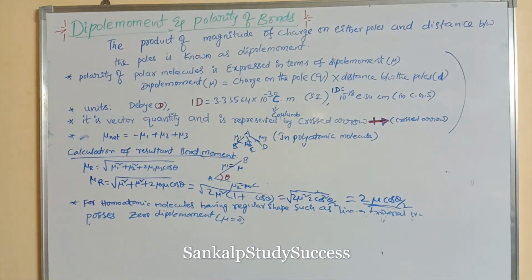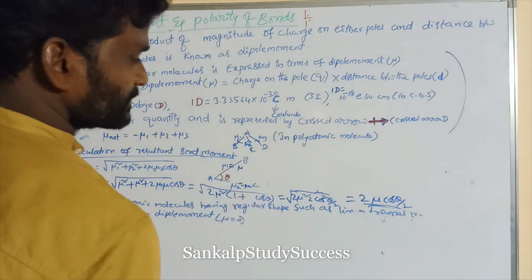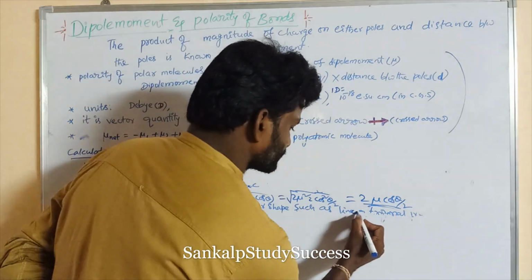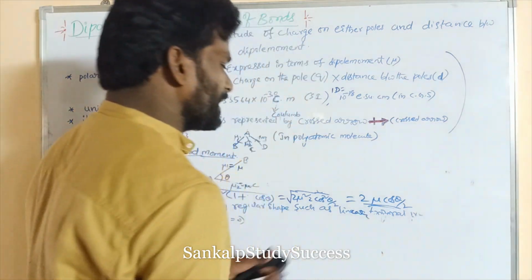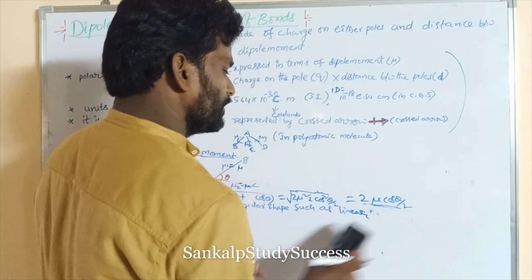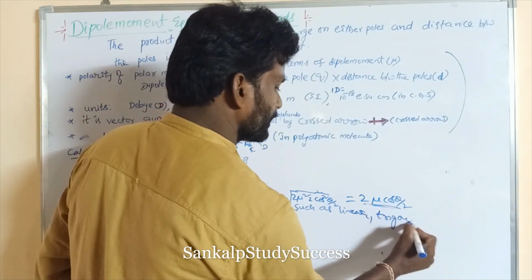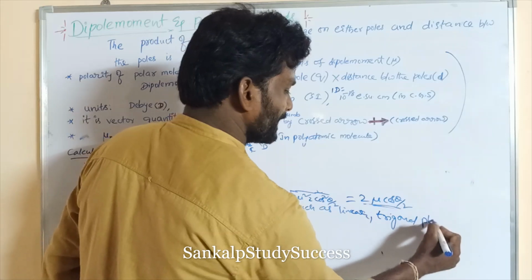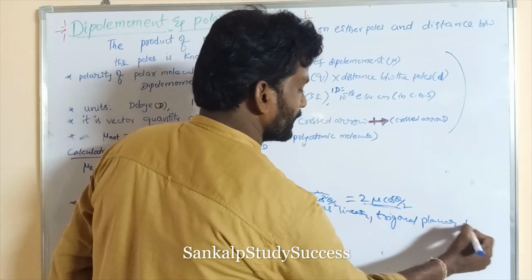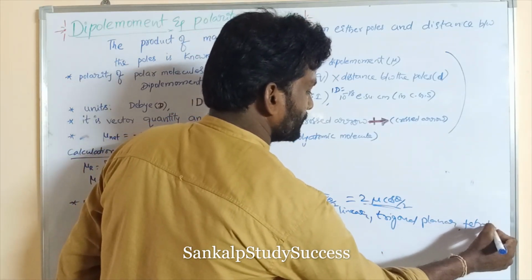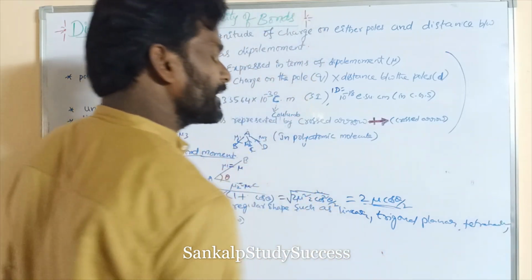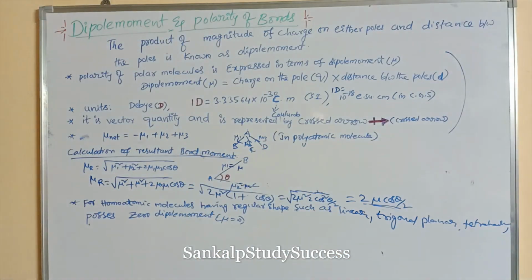Next, now we go to homoatomic molecules having a regular shape, such as linear, trigonal planar, tetrahedral, trigonal bipyramidal, octahedral.